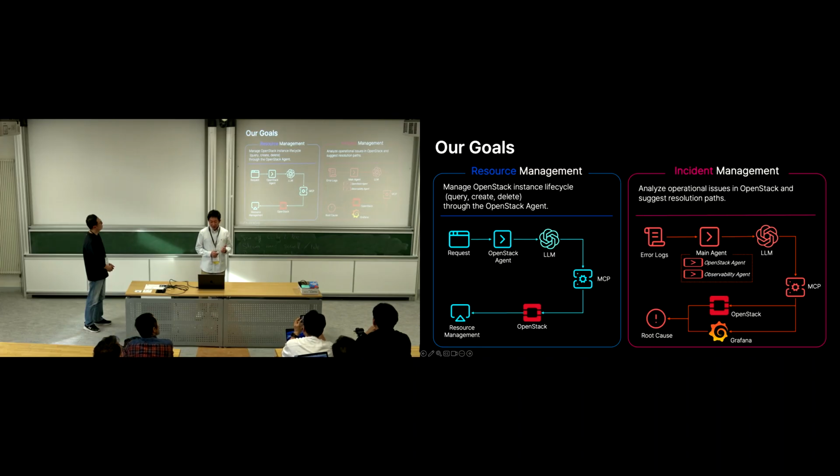In this process, requests should be translated more accurately and efficiently through a specialized OpenStack agent. The second goal is to analyze and resolve errors with simple natural language requests in specific failure situations.